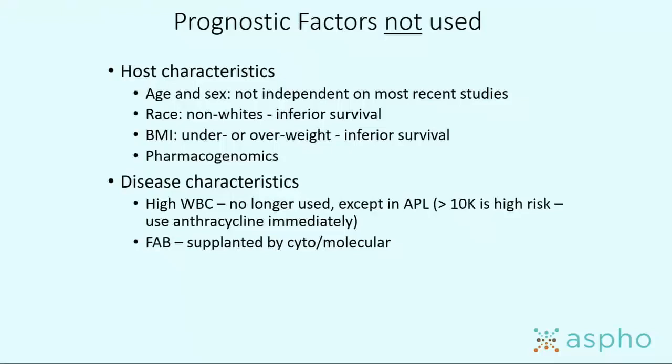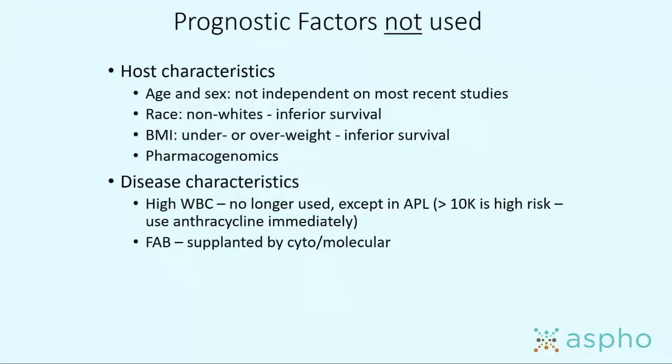Race is also not used, even though it has been shown in a number of studies that African Americans and other non-Caucasian populations have inferior survival. Body mass index, so marked overweight and marked underweight have both been associated with poor outcomes, but we don't use that. And then pharmacogenomics are not currently used in risk stratification, even though those have been associated with outcomes.